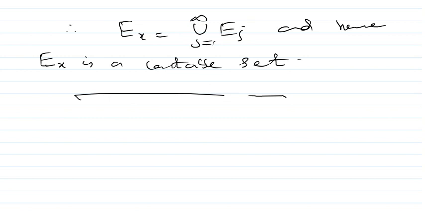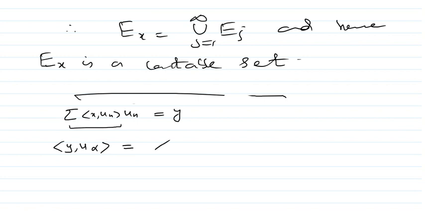Then you will see the inner product of y with u alpha is equal to, since y is this sum, the sum of inner products of x with u_n times u_n, with u alpha.